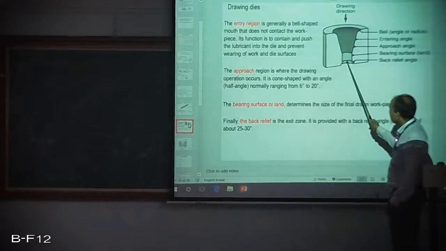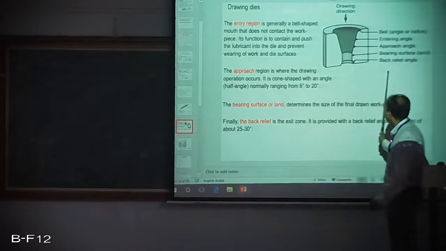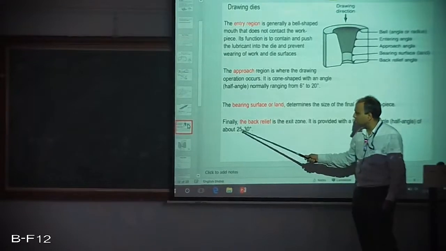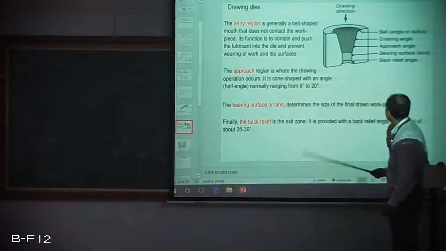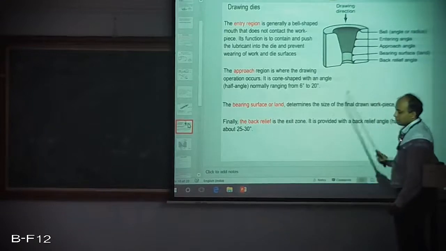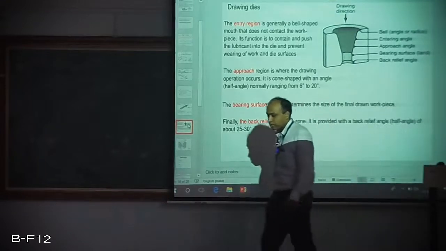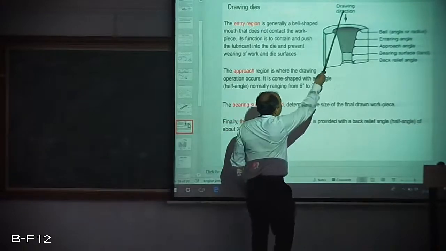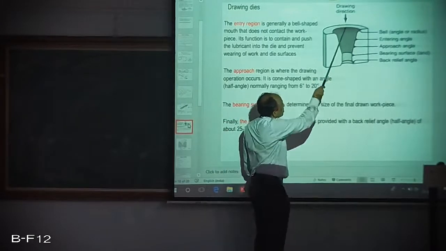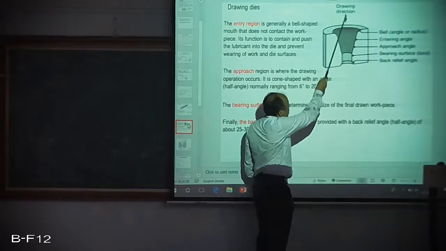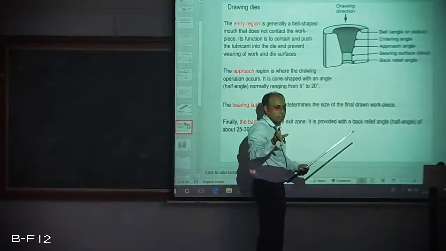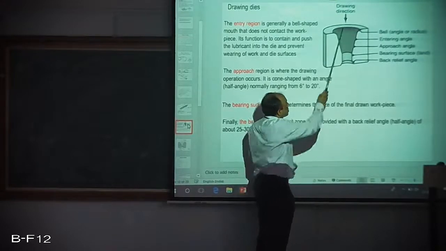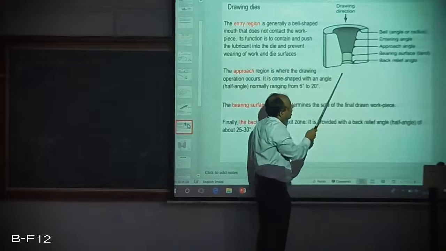And at the end I am having the back relief angle. The amount that is there is 25 to 30 degree. Now the question might come, why is there a requirement of a back relief angle? See, there might be some misalignment between the axis of the incoming material stock, that is also cylindrical in cross section, it is having its own axis, and the axis of the die.